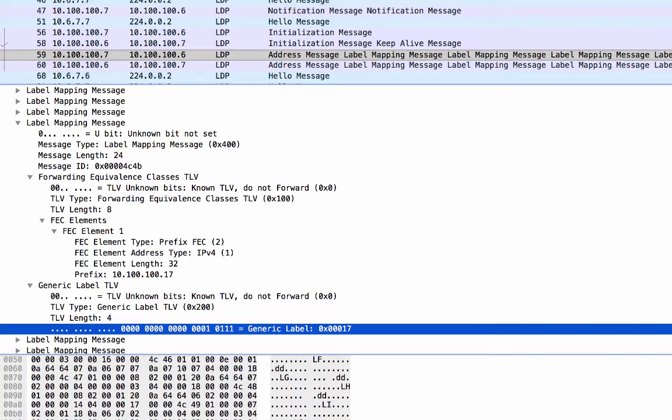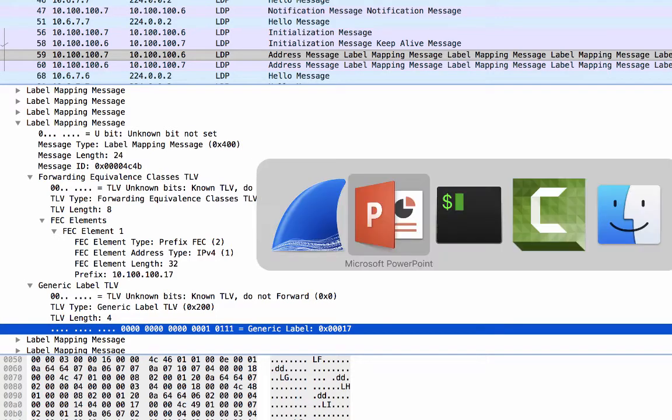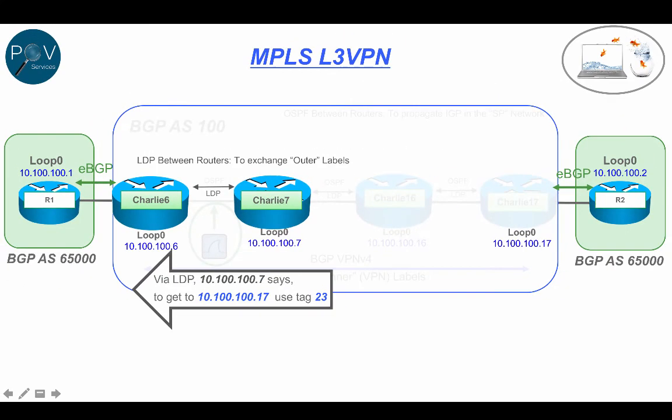Now let's go ahead and go back over to our PowerPoint. So again, as we saw, that was in line 59 of the sniffer trace. Charlie7 is advertising and saying, Charlie6, if you want to get to the loopback IP address of Charlie17, come out to me and use a tag of 23.